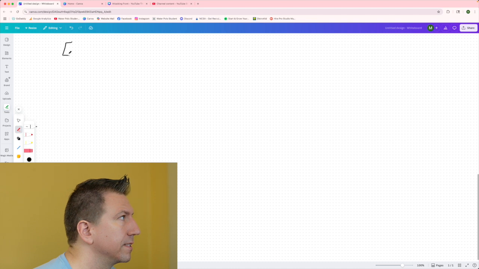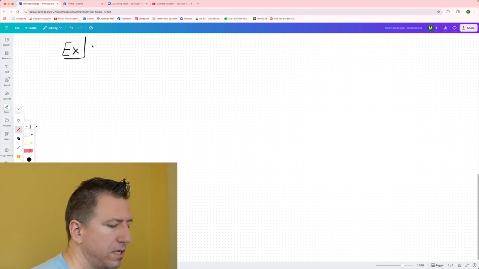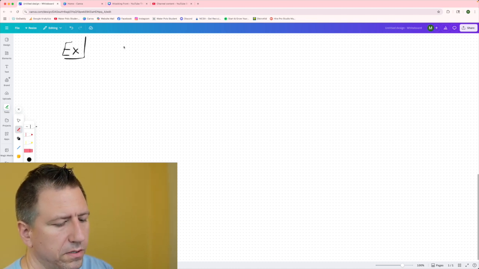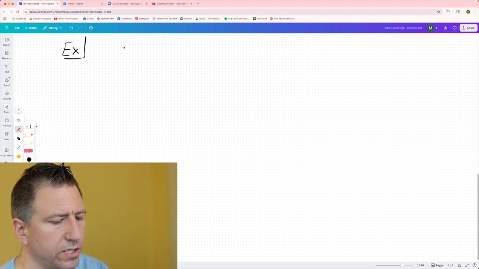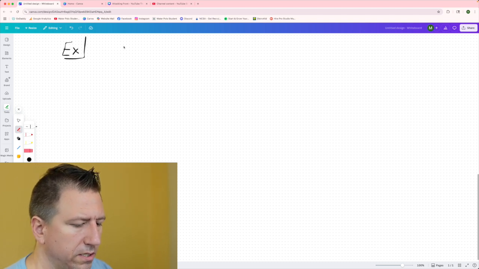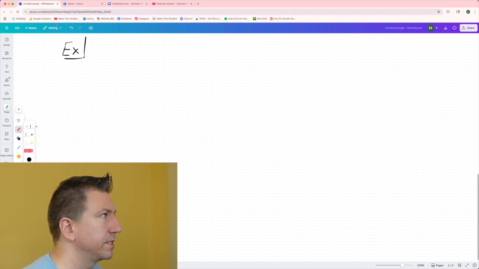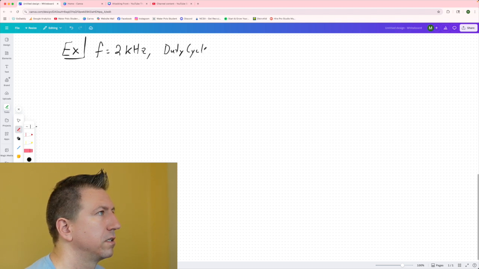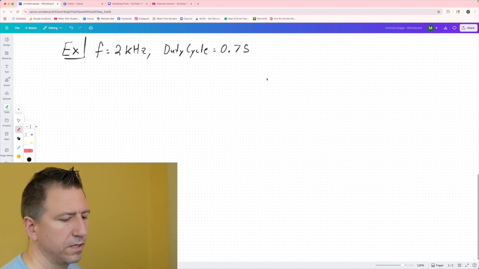So I have an example. In this example, I'm going to choose that I want a frequency of 2 kilohertz, and I want a duty cycle of 75% or 0.75. So that's what we're designing for.